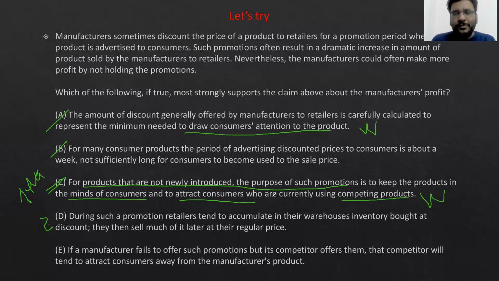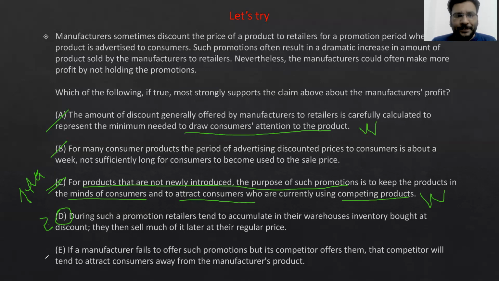So here, retailers are earning profit by buying the product from the manufacturer at a cheaper price and selling it to consumers at the regular price. So who is the winner here? The winner is the retailer. So it essentially says that let's avoid promotion, right? So this is what I'm looking for. It strengthens my conclusion that promotion is not good.